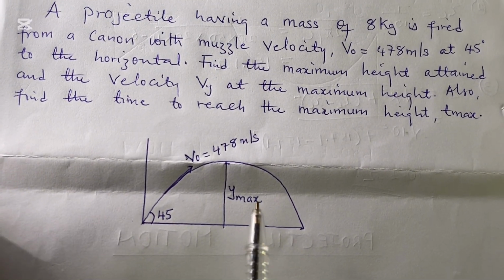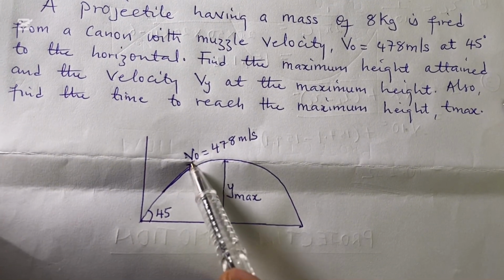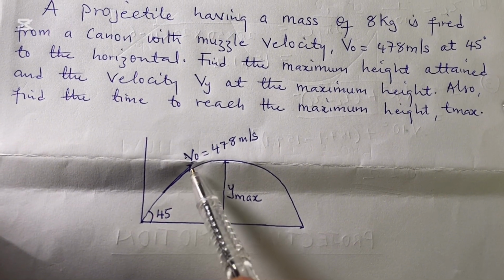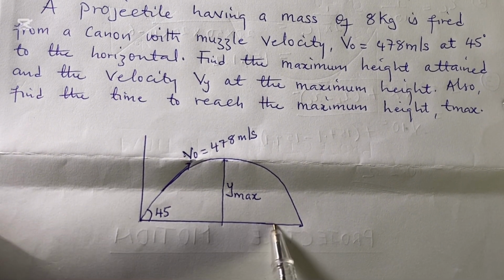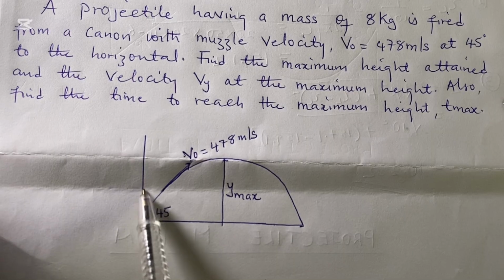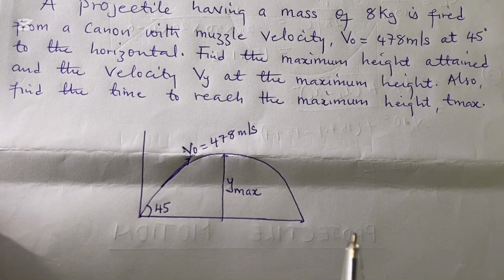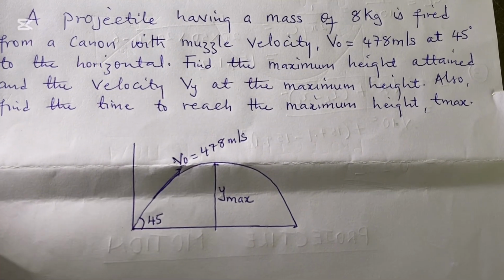Remember we said that this v naught, the initial velocity that this projectile is fired with, has components on both the x-axis and the y-axis. So let's try to find the components.